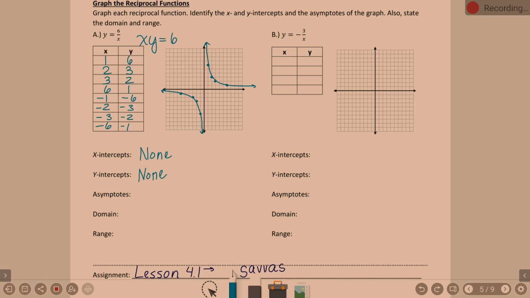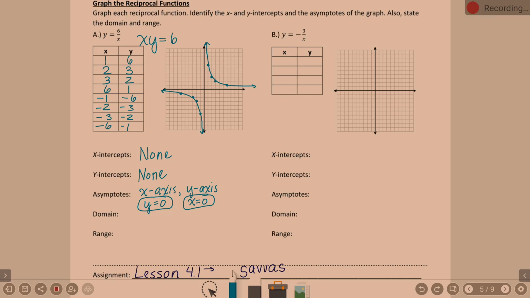No. The y-axis? No. So my asymptotes are the x-axis and the y-axis. Except they're not going to call them that. What's the equation name for the x-axis? Y equals 0. And for the y-axis? X equals 0.